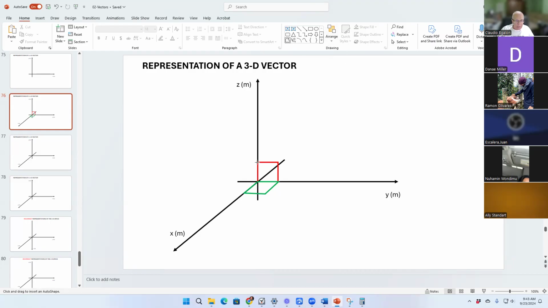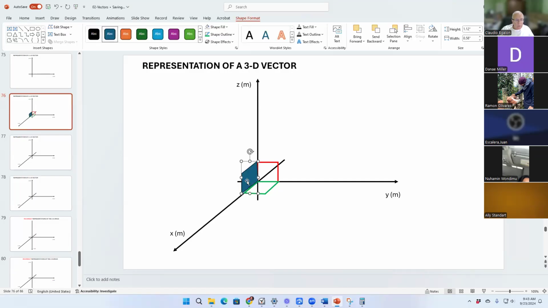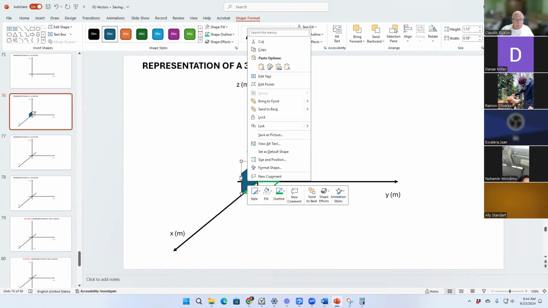If you do that by hand, it goes much quicker, okay? The 90-degree angle that the X-axis makes with the Z-axis. Let's see, red, green, and blue.